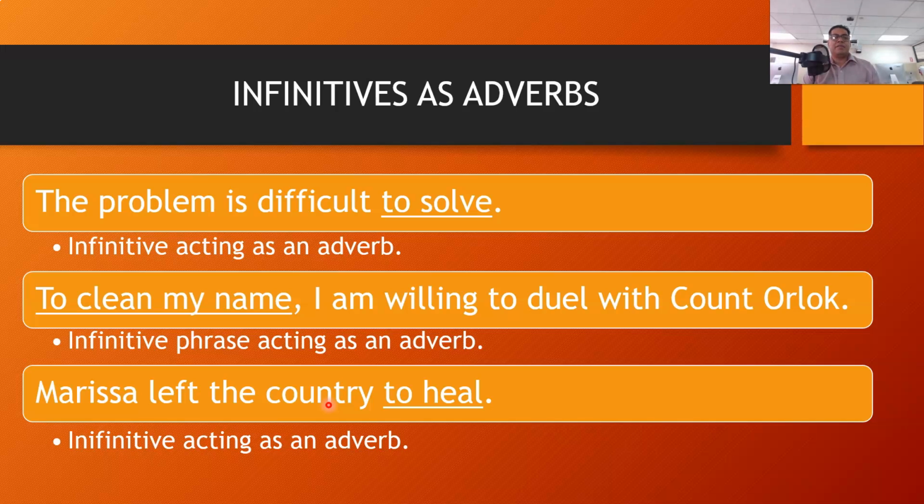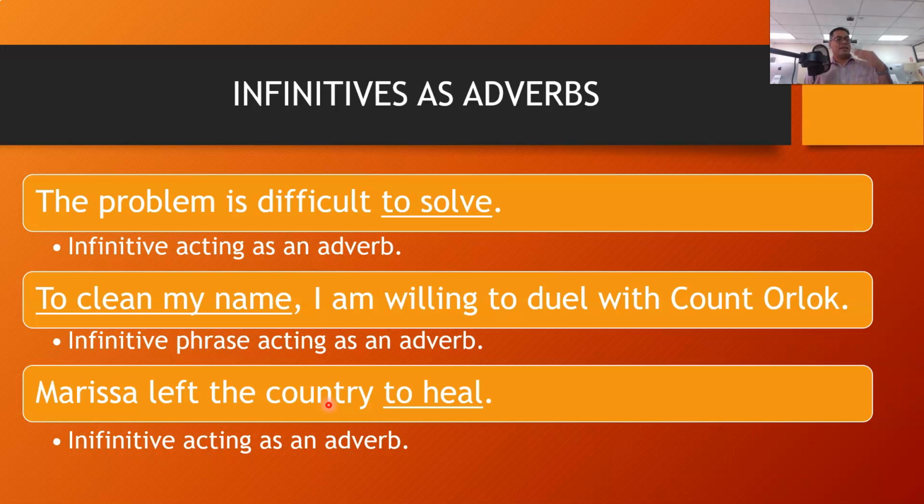And if an infinitive is acting as an adjective, remember that it's going to be providing you information about the noun that precedes it. It's going to somehow enrich the meaning of the noun. It's going to help you to identify what noun you are talking about. It is going to limit the possibilities for the noun. And then we have infinitives acting as adverbs.